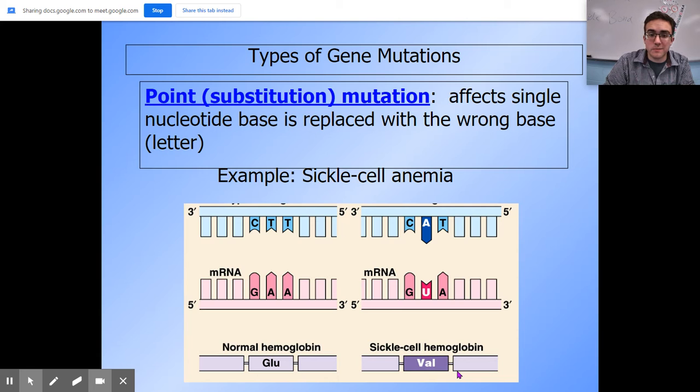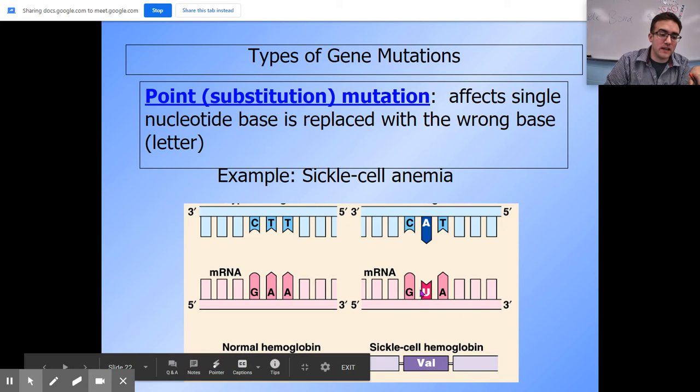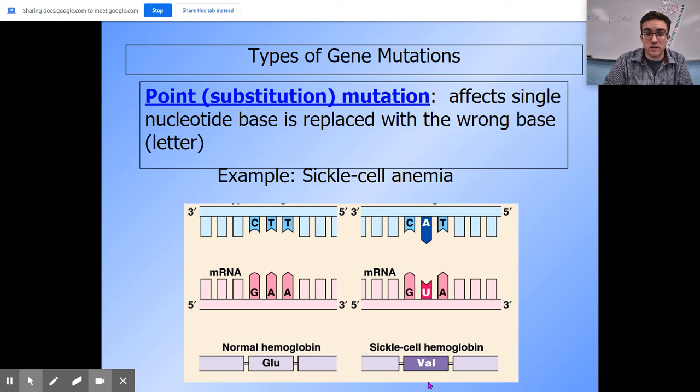Hemoglobin is the protein that binds oxygen in your blood. Because of this one change, we get a different amino acid, which completely changes the structure of the protein. Remember, structure determines function here. So if we change the structure, we're going to change the function of it.